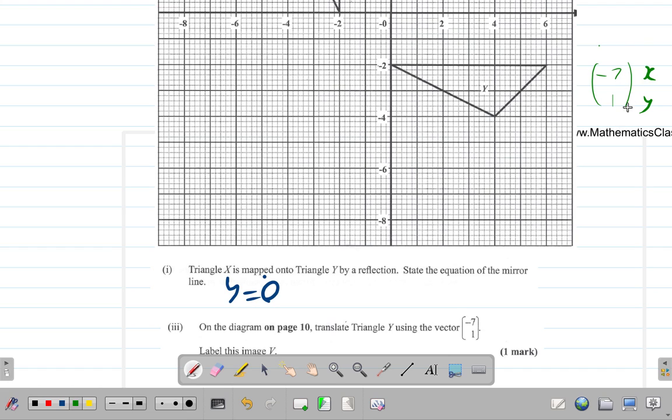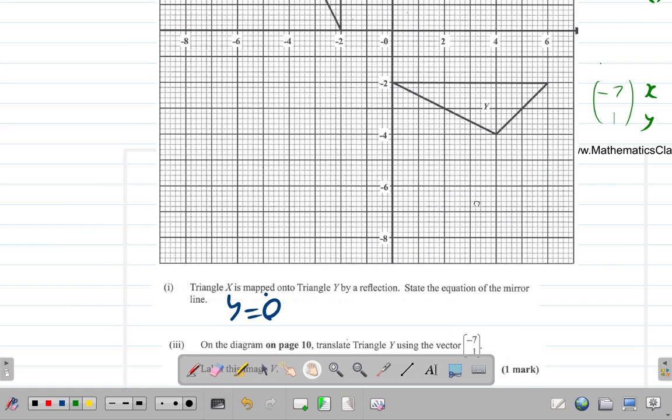Now, what the -7, 1 says is that each point on the triangle moves 7 units to the left and 1 unit up, since X is -7, 7 units to the left, and since Y is +1, 1 unit up.